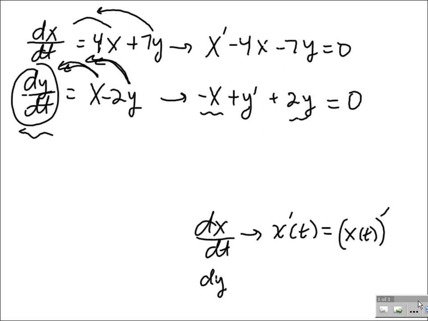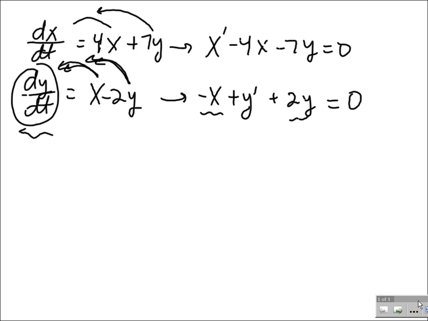Just like dy/dx is really y as a function of x prime. The x and y are functions of t. Same argument as how I said that this means x is a function of t, this means y is a function of t.